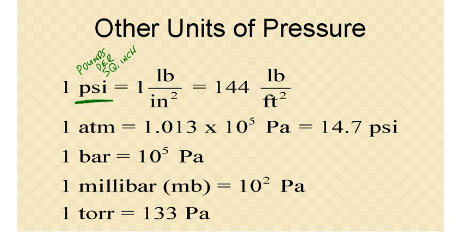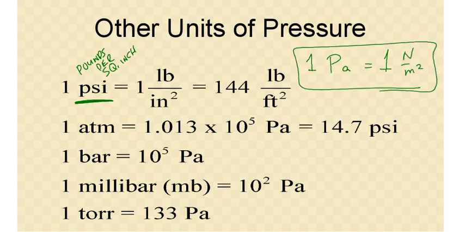Because there are so many different things that you can do with pressure, there are a lot of different units. Our favorite unit, though, is the Pascal, where 1 Pascal equals 1 Newton per meter squared. And that's just the easiest thing to do. But lots of other options out there.